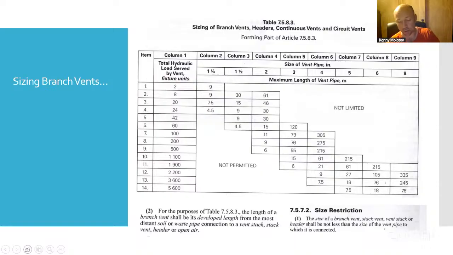It's really interesting when you go between the national and the Ontario. The Ontario is the 7.5, but the national is the 2.5. So 5.8.3 is the same. The only difference is the 2 in the national and the 7 in the Ontario. And honestly, the chart looks very similar, if not the exact same.